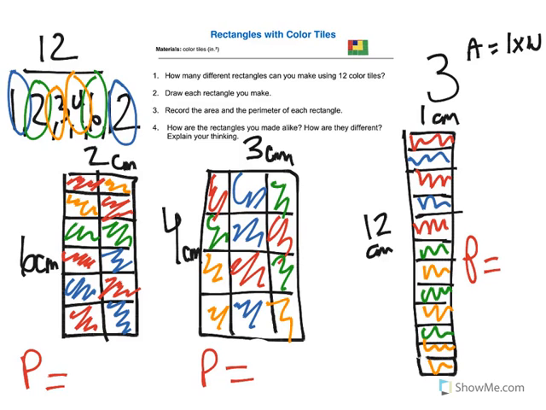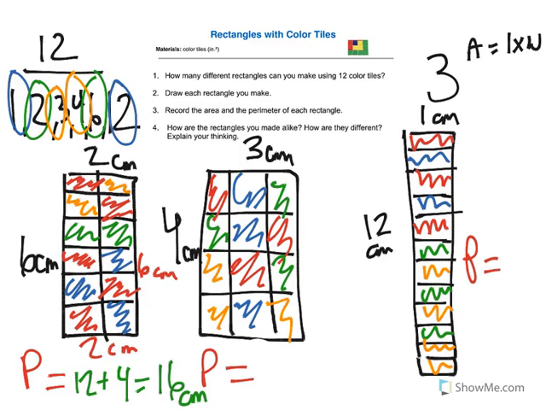Now we need to make sure that we add these on both sides, on the opposite sides that they're showing, and then we add everything together. So 6 plus 6 equals 12, and 2 plus 2 equals 4. So then if we add 12 plus 4, we get 16 centimeters.